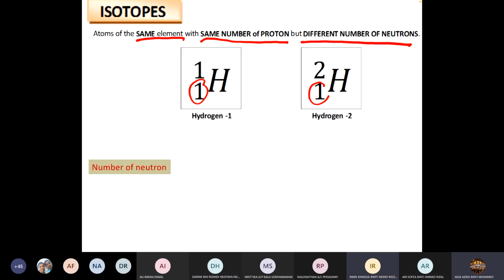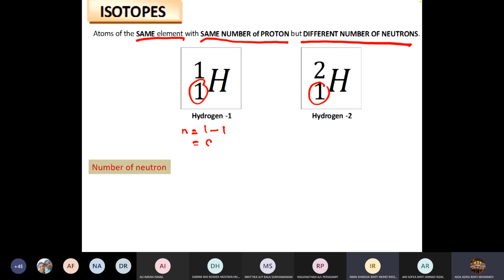Okay, next. Korang kena check. Do they have different number of neutrons? Okay, cuba kira. Untuk hydrogen 1, dia punya number of neutron dia berapa? It is 0 sebab 1 tolak 1.